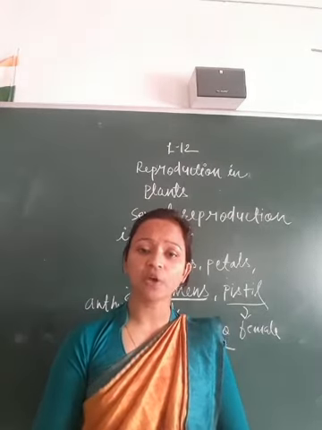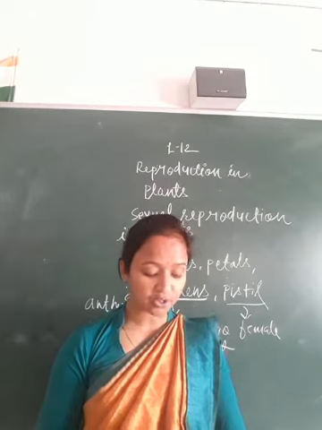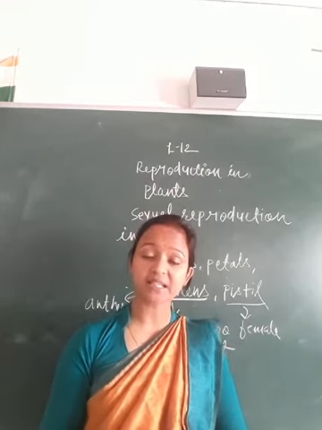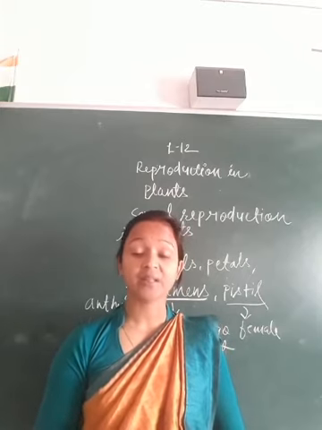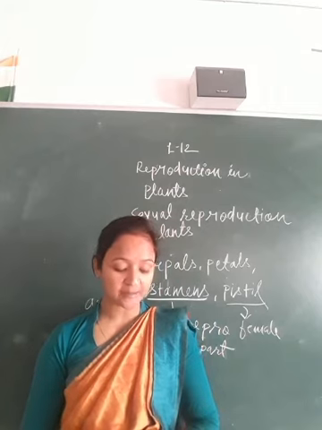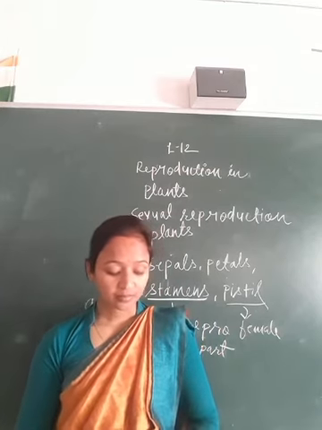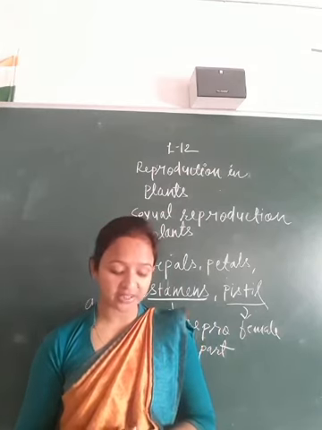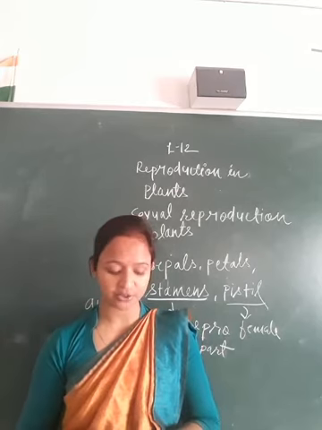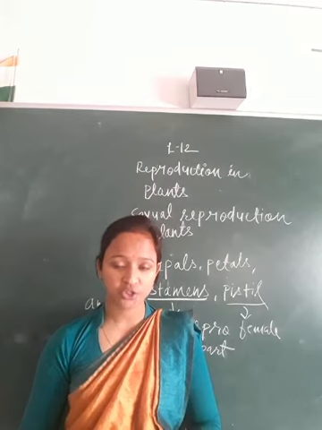Pollen grains of all flowers are not carried by insects. In some cases it is carried by the wind, which is called wind pollination. In the case of water plants, pollen grains are carried by water, which is called water pollination. If it is carried by insects, that is called insect pollination.